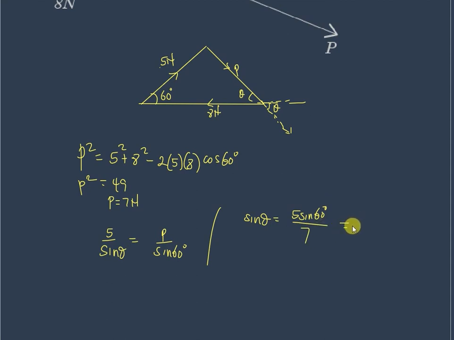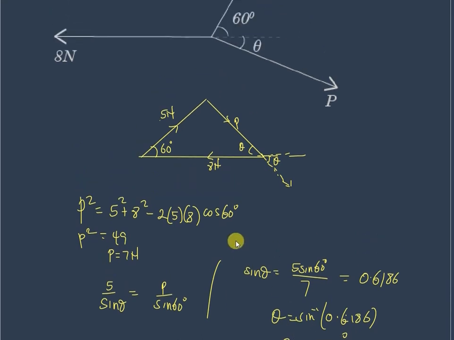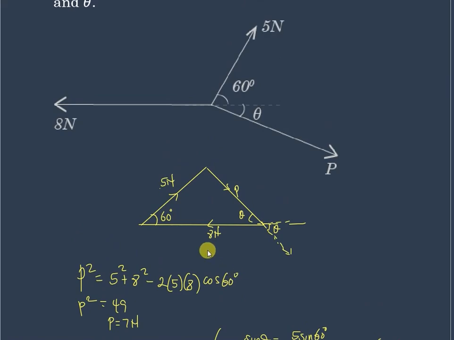Sine of theta is equal to 0.6186, such that theta is the sine inverse of the same, and theta is equal to 38.2 degrees.